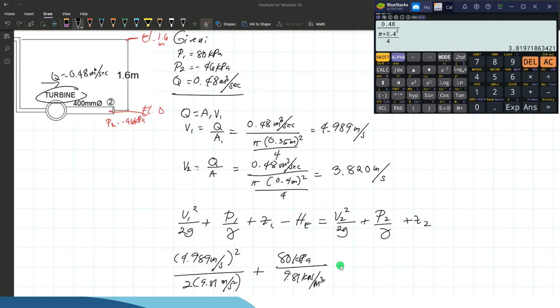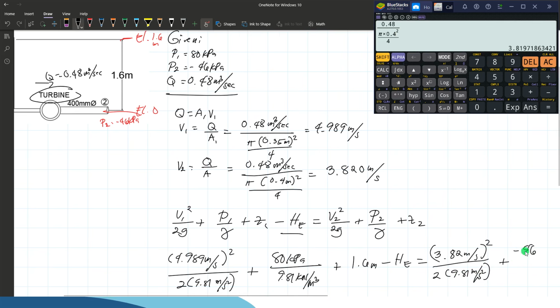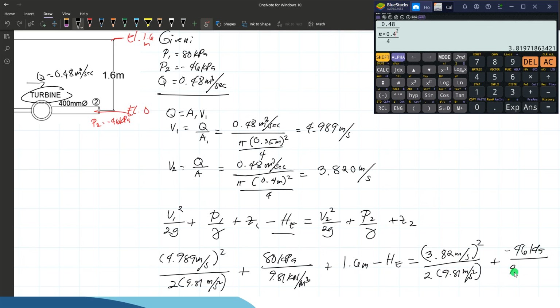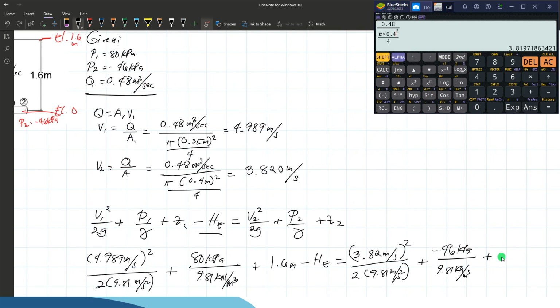So Z at point 1 is 1.6 meters. Then we subtract the head of the turbine, equals the velocity at point 2, 3.82 meters per second raised to 2 over 2 times 9.81, plus pressure at point 2, negative 46 kilopascal divided by 9.81 kilonewtons per cubic meter, plus 0.